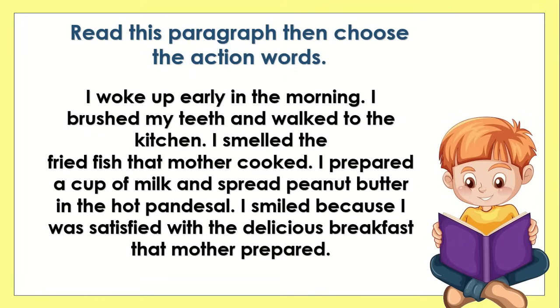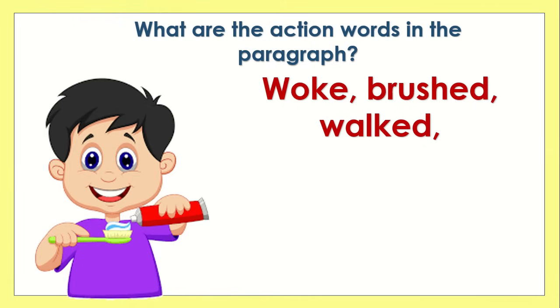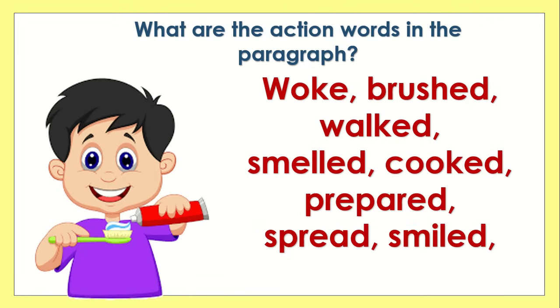I smiled because I was satisfied with the delicious breakfast that Mother prepared. What are the action words in the paragraph? You're right. The action words were woke, brushed, walked, smelled, cooked, prepared, spread, smiled, and satisfied.